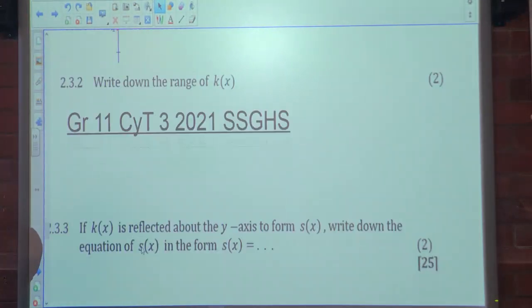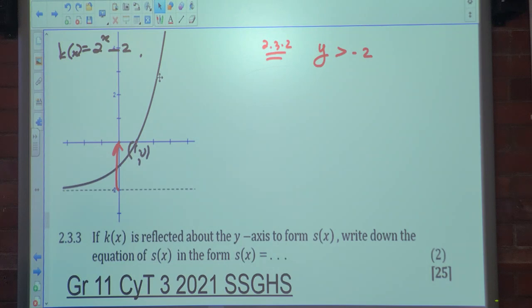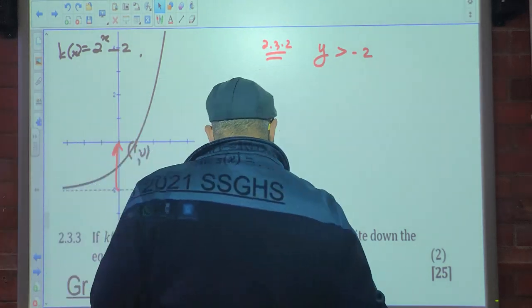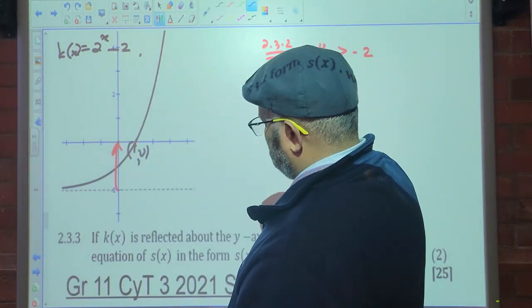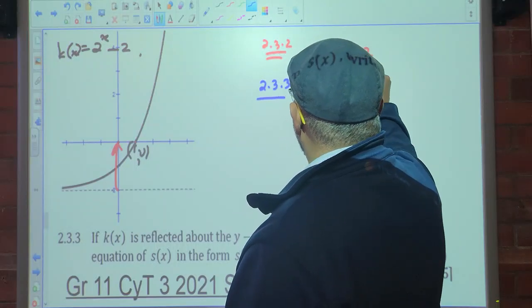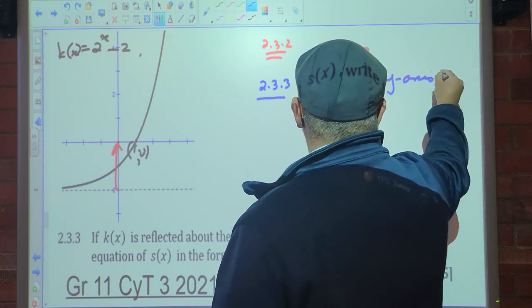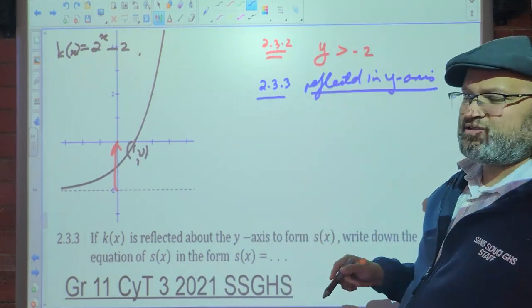Look at the next question. k of x is reflected about the y-axis to form s of x. So if something is reflected in the y-axis, what's the rule? x becomes negative, not so?